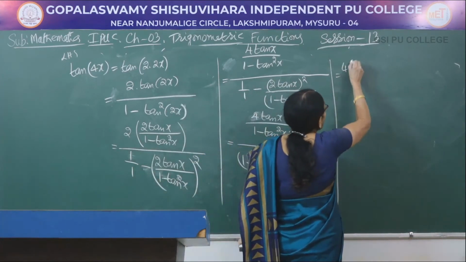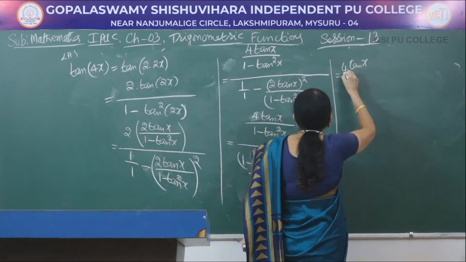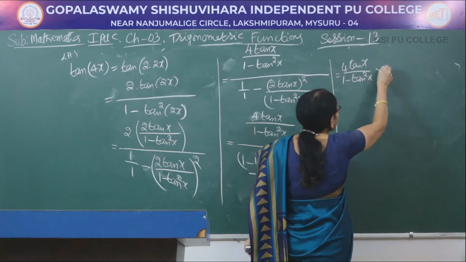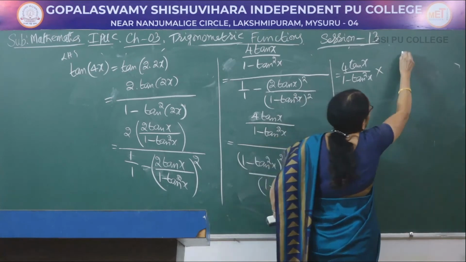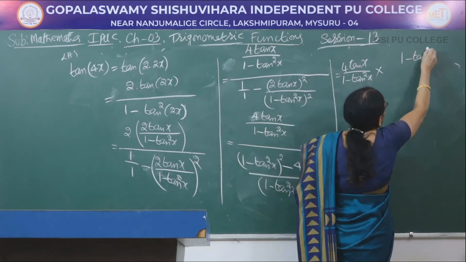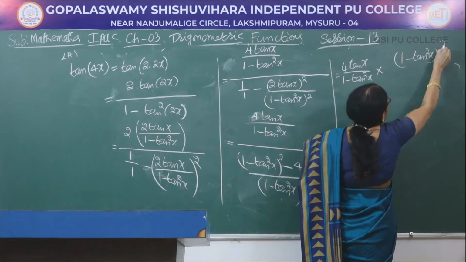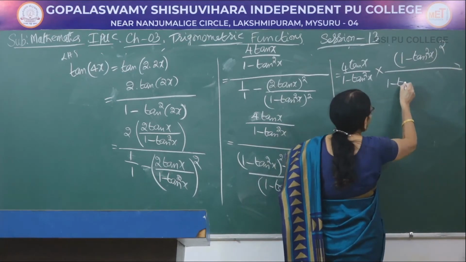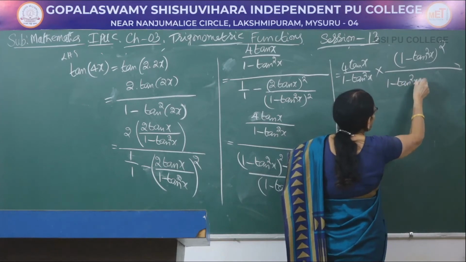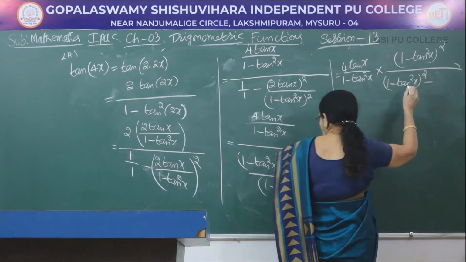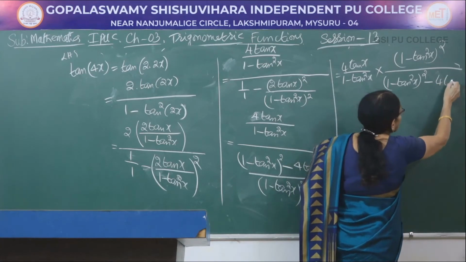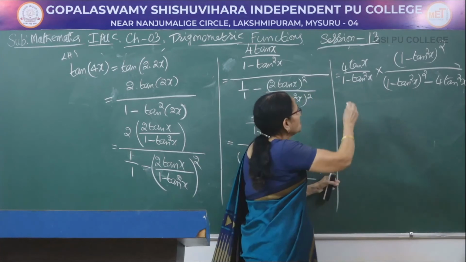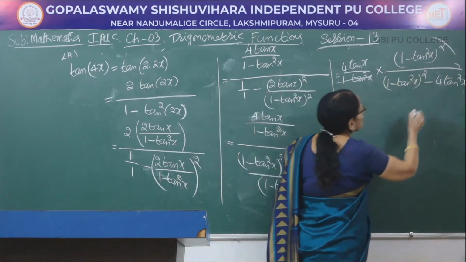That is equal to 4 tan x divided by 1 minus tan square x, into, this goes to the numerator, 1 minus tan square x the whole square, whole thing divided by this denominator, 1 minus tan square x the whole square minus 4 tan square x. Now you observe, one term can be cancelled.